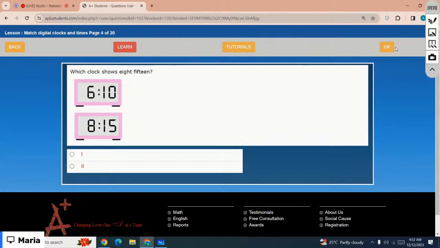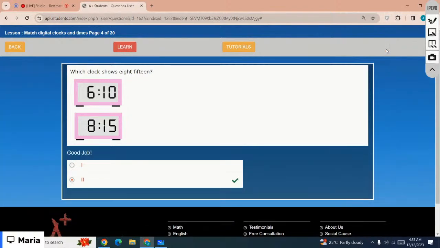Which is the correct option? Yes, the second one shows 8:15.